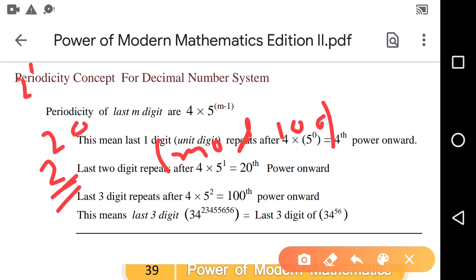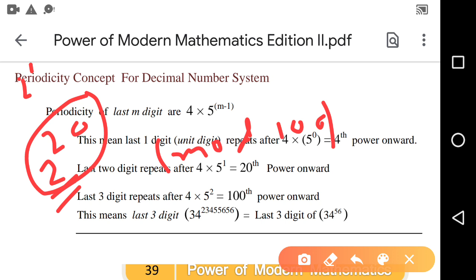Now this is nothing but, friends, 2 raised to 20 is an even number. So for calculating the remainder, what do we have to do? We have to use the Chinese remainder theorem, friends.